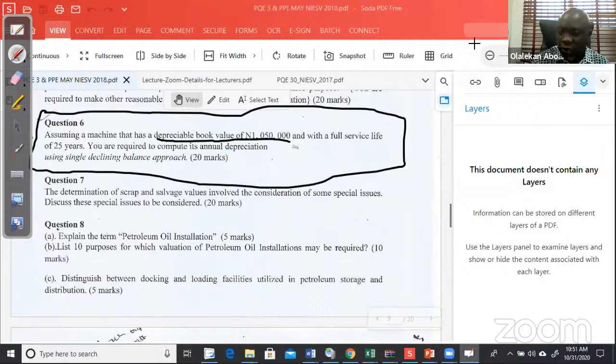Charge the same 4% on the book value of year two, you get depreciation for year three. Remove depreciation of year three from book value of year two, get the book value of year three. Charge that 4% on the book value of year three, get the depreciation for year four, remove it from the book value of year three, get the book value of year four. Like that for 25 years.